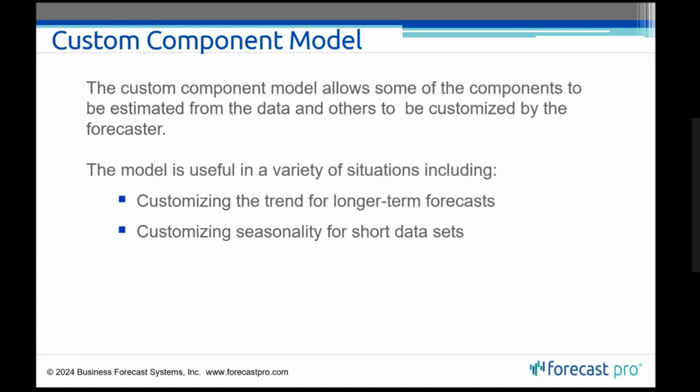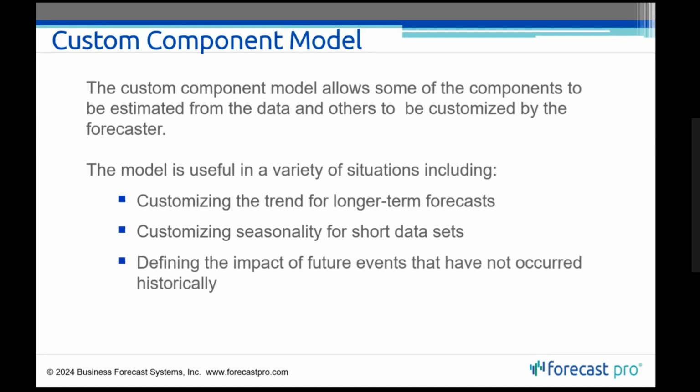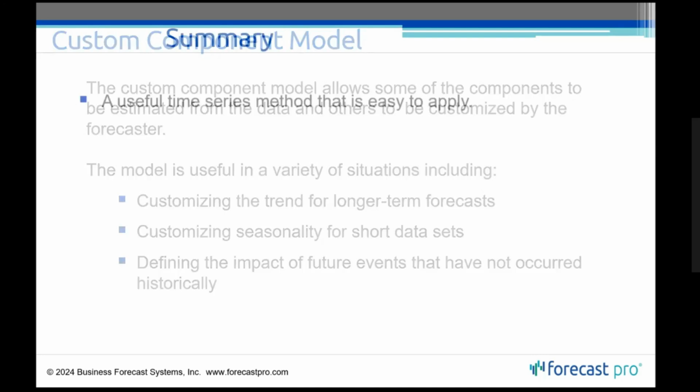So let's say I don't have a lot of data, but I want to use a specific seasonal pattern, maybe from other products in the product line. Then I could use this to do it. I could use this to define the impact of future events that have not occurred historically. So these are the event models that we were talking about. Okay, so it's a very useful method, and it allows you to customize your models.